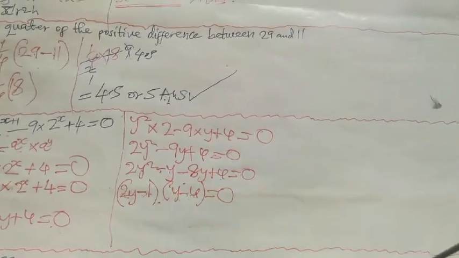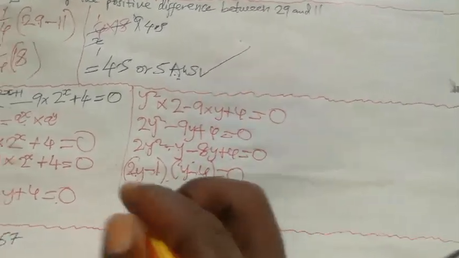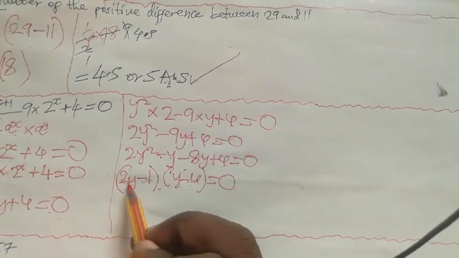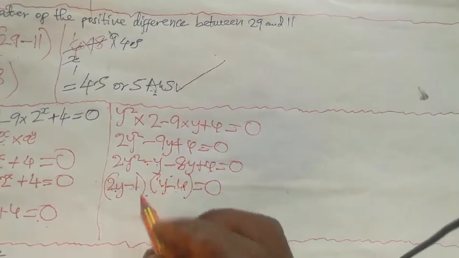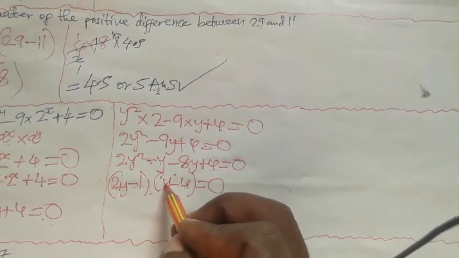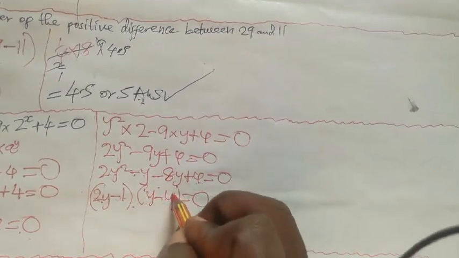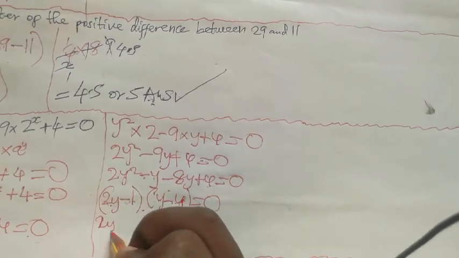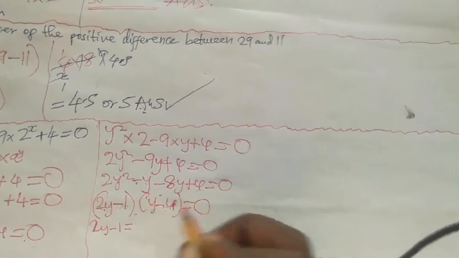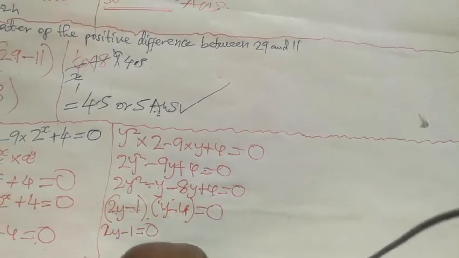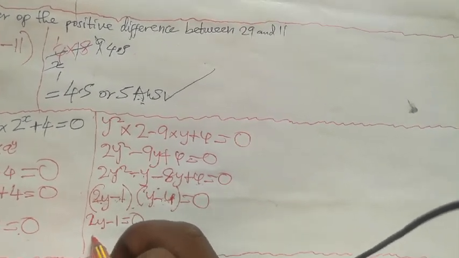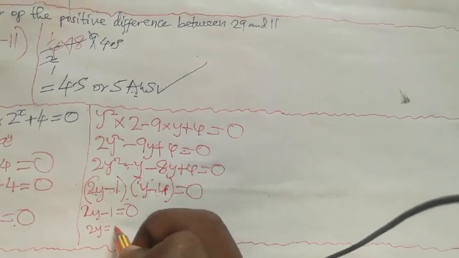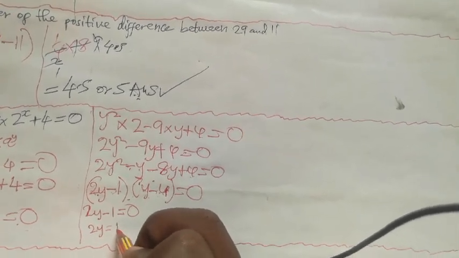Hence, this will give us 2y minus 1 into brackets y minus 4 is the same as 0. Now 2y minus 1 equals 0, which will finally give us 2y is the same as, if we cross negative 1, it becomes 1.